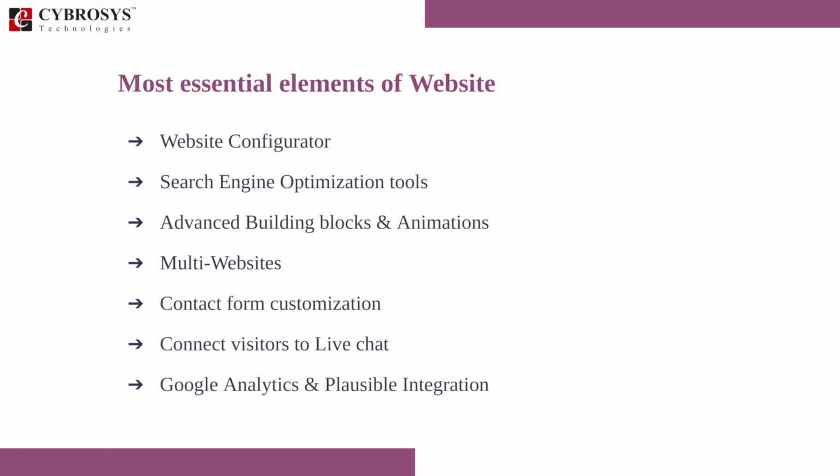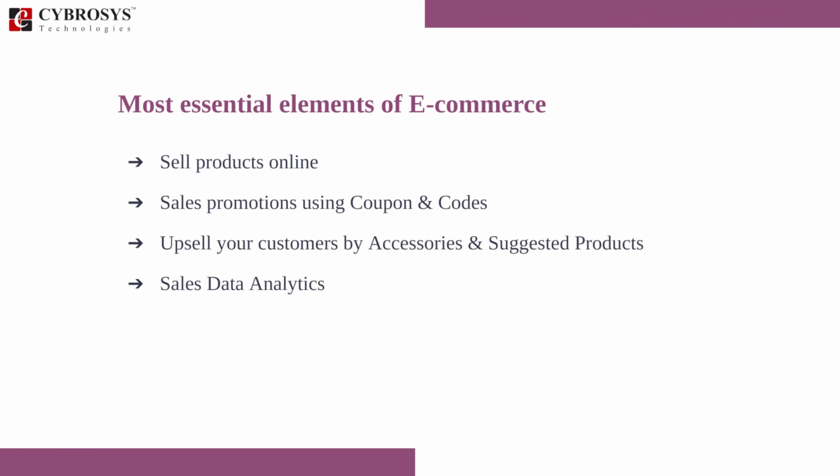Then contact form customization, connecting visitors to live chat, and Google Analytics and Plausible integration for analyzing the growth of your website. The second is the e-commerce part, the most essential elements of e-commerce: selling products online, sales promotion using coupons and codes, upselling your customers with accessories and suggested products, and sales data analytics.